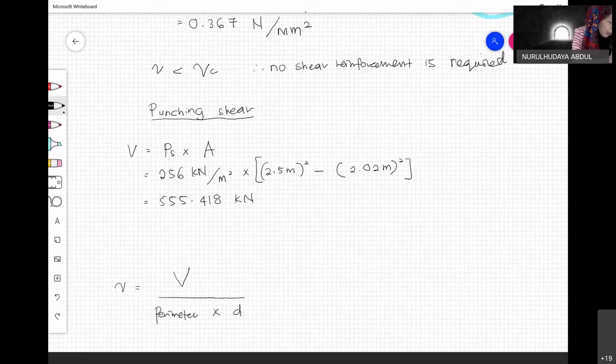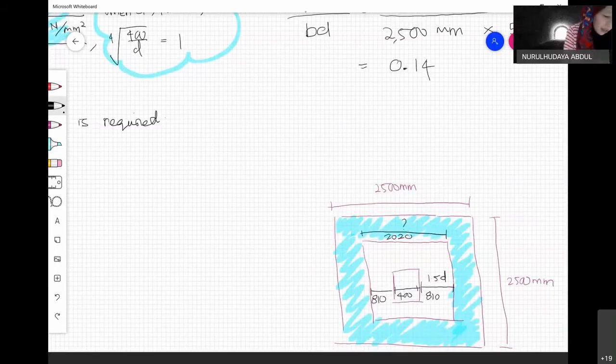So perimeter ni apa? Okay, perimeter ni inilah. Perimeter yang mana? So perimeter ni lah. 20, 20, 20, 20. Okay, so obviously sebenarnya 20, 20 you darab je dengan 4. Okay, so you dapat lah panjang semua yang keliling area tu.